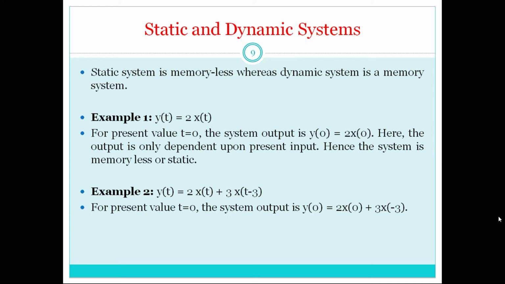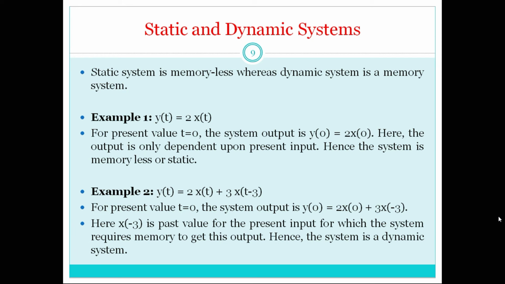So definitely we need to depend upon the previous value. So this system needs past values for the present input, for which the system requires memory to get this output. Hence the system is a dynamic system. That means it has to take the previous value also.